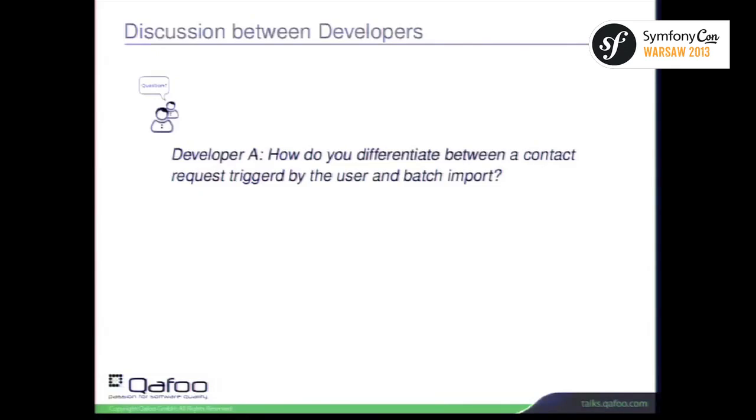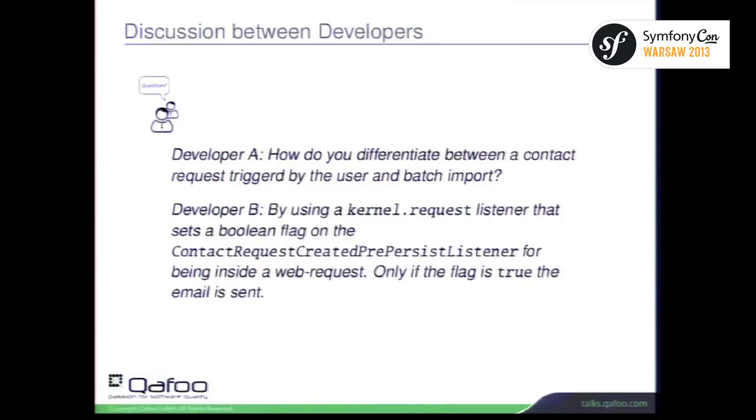There are batch imports, and the users don't get the emails in this case, only in the case where it's done through the user interface. So developer B says, yeah, okay, very easy. I hooked into the kernel request event, and then check if the on-kernel request event is set. And I set a Boolean flag on my listener so it knows I'm in the web context. In this case, I can send an email.